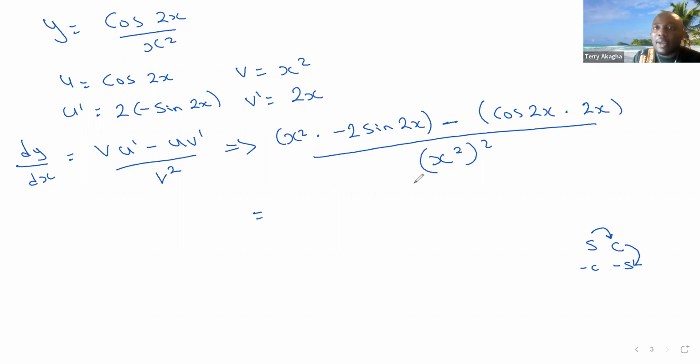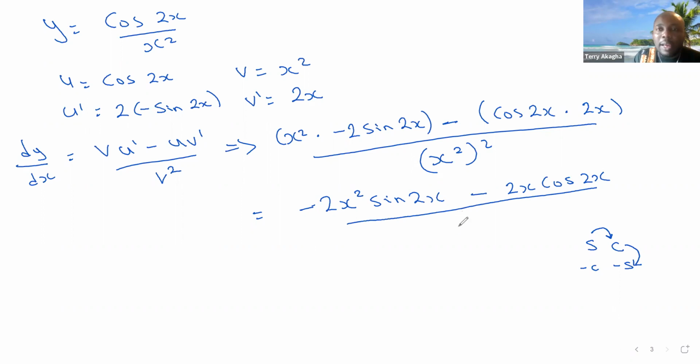So with this now, I can collect like terms. What is common here? 2 is common, and also x squared is common. So I can open the brackets first if I want to. So I can write this as minus 2x squared sine 2x minus 2x cos 2x divided by x squared squared.